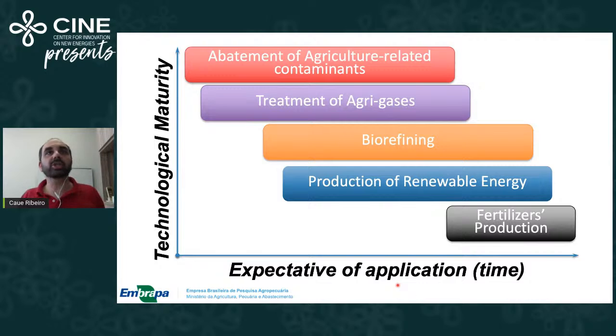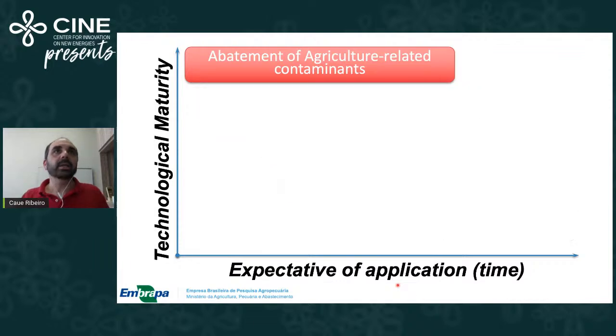Other technologies, such as fertilizer production, are in a very prospective scenario. We need to understand more about these reactions and how to perform these reactions to propose something applicable.